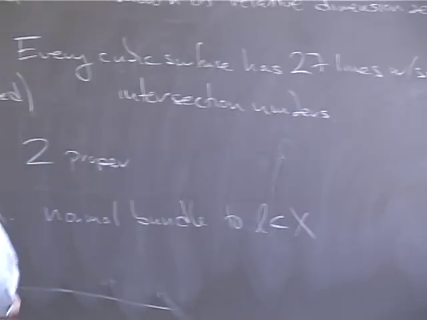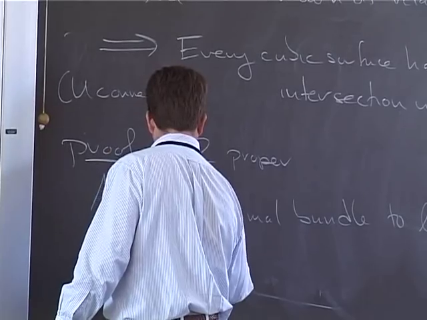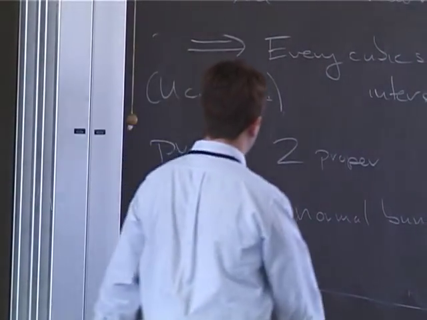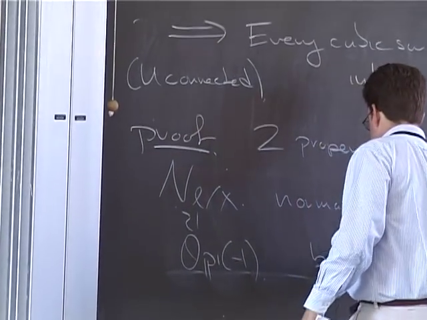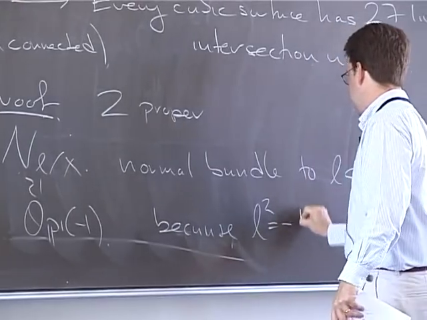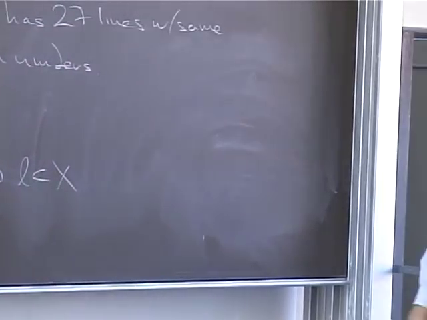Well, we know what this is. This is O_P1(-1), because L squared is equal to minus 1. So we know what the normal bundle is.